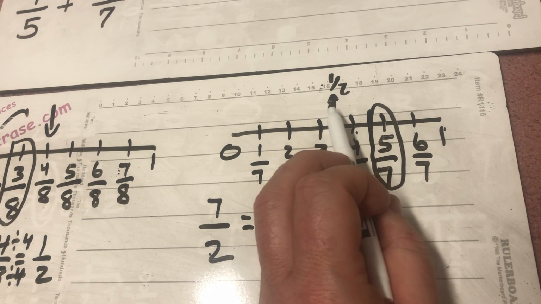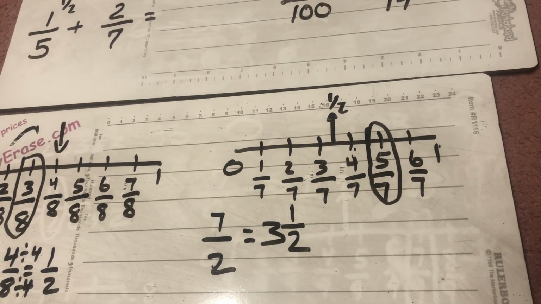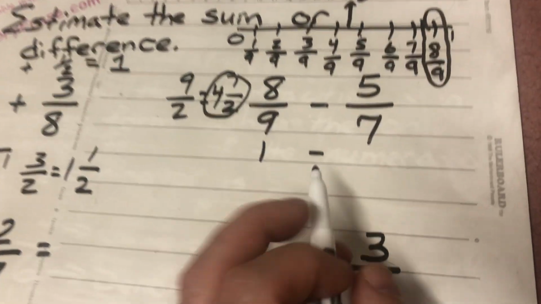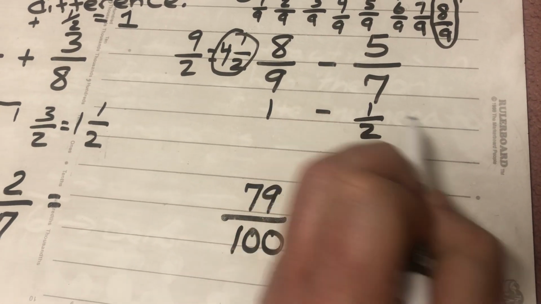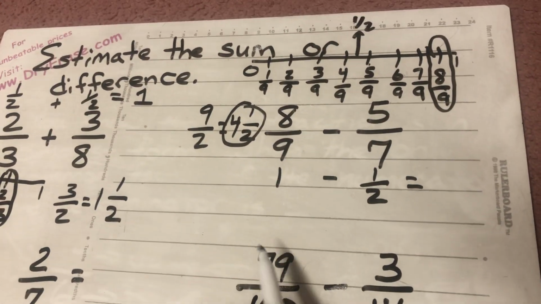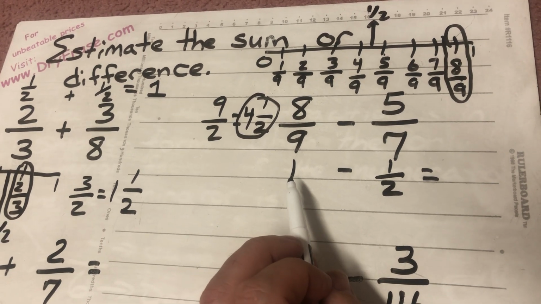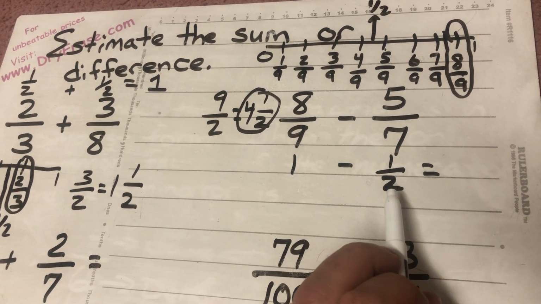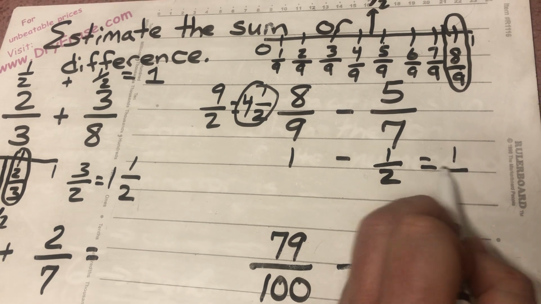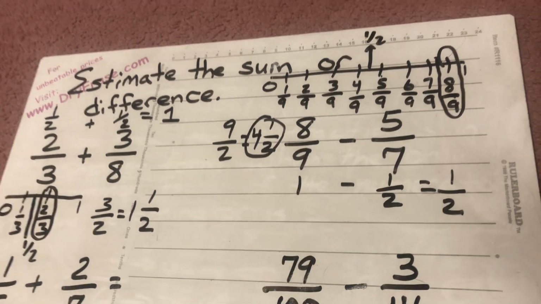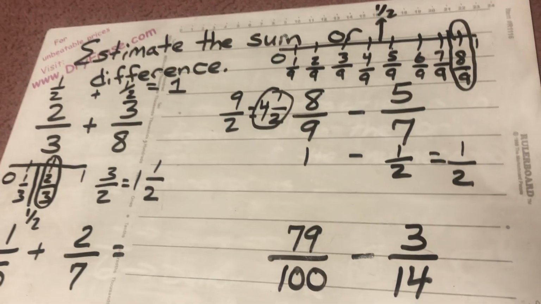I'm only 1.5 steps away from 1/2. 5/7 is closer to 1/2. If I have a whole chocolate chip cookie and then I eat half of it, I only have a half of a chocolate chip cookie left.